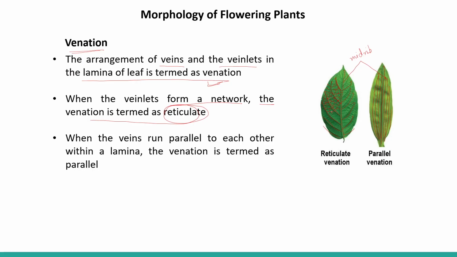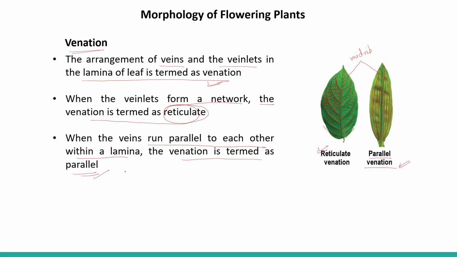So they form a mesh-like structure like this, and that is called reticulate venation. Moving to the next one, the main midrib. Here the veins are parallel to each other, and that is why it got its name, parallel venation. So when the veins run parallel to each other in the lamina, the venation is termed as parallel venation.